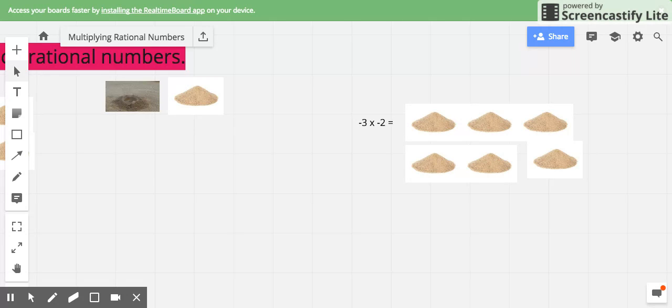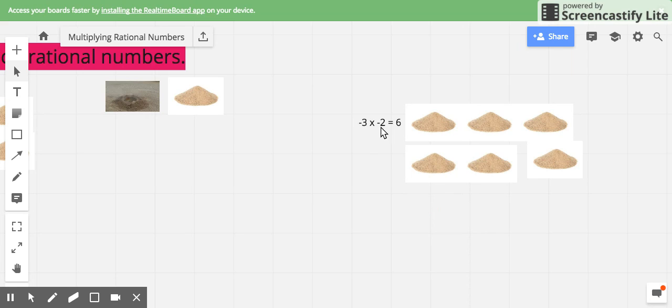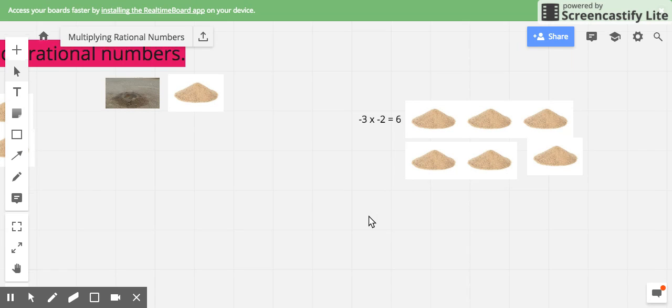So here we have 3 piles and another 3 piles for a total of 6 piles. I know it's kind of bizarre and it may not make complete sense, but we're saying that the opposite of a hole is a pile. And we have the opposite of 3 holes, which are 3 piles, and we have 2 groups of those, so we have a positive 6.